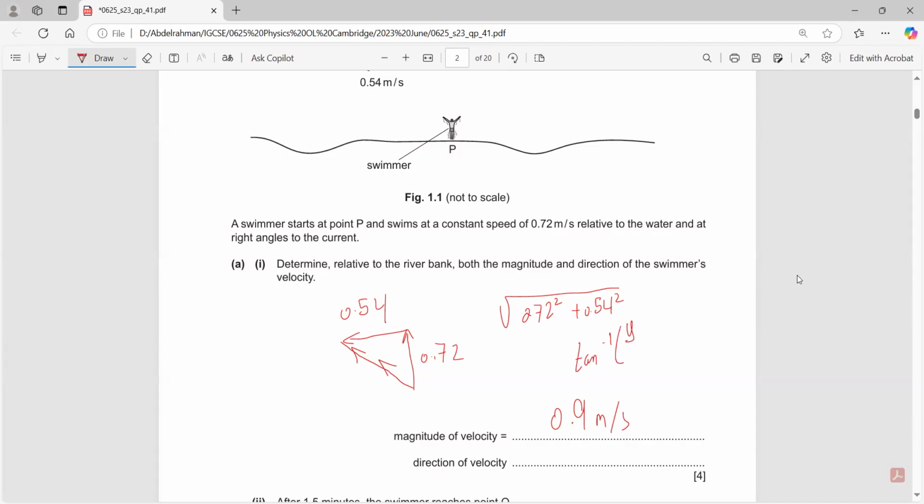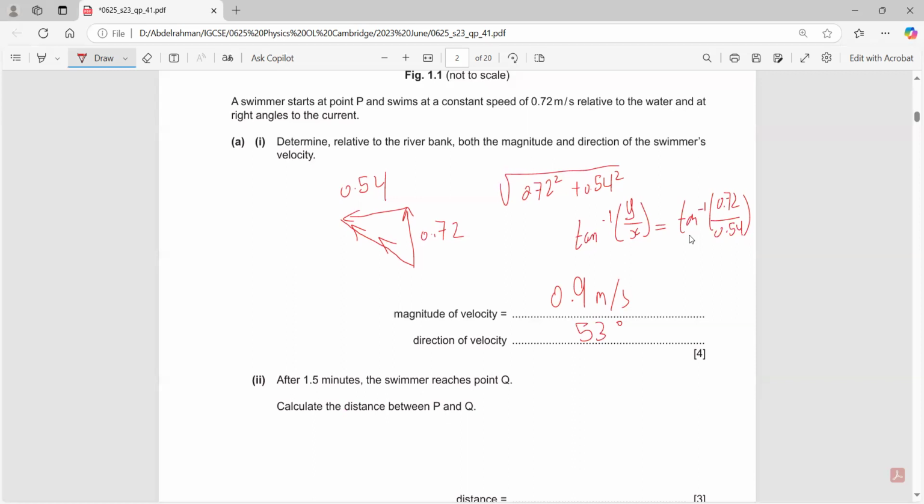In this case, it's tan inverse 0.72 over 0.54, which is 53.1 or just 53 degrees. If he said relative to the vertical, it would have been tan inverse x over y.